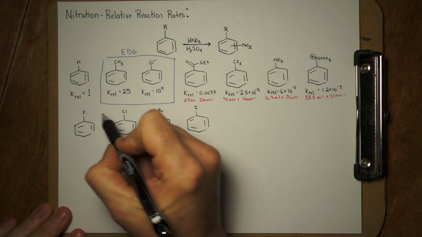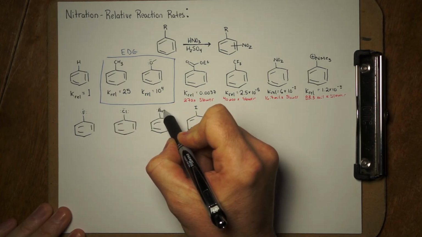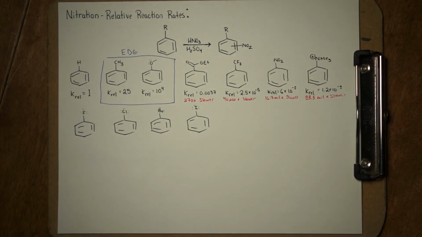The other thing we have to consider is that each of these halogen atoms is going to have 3 non-bonding pairs of electrons. Okay, and so there's potential for those electrons to be donated into the ring through resonance. And so it's not super clear whether these are going to be electron donating or electron withdrawing.